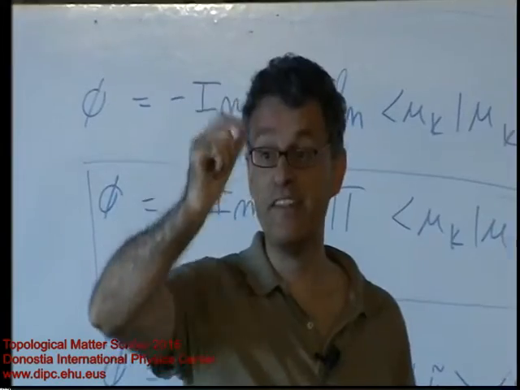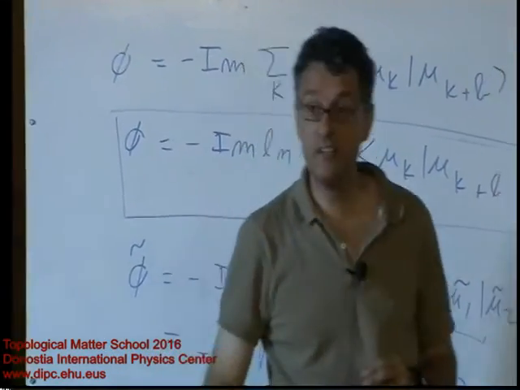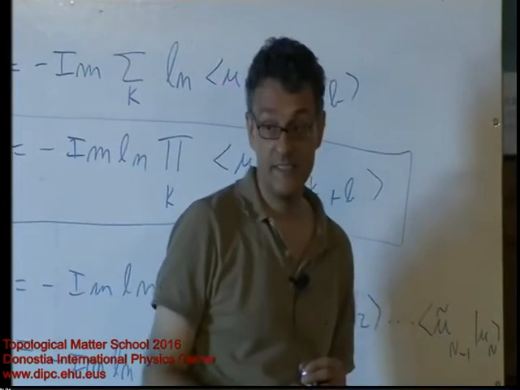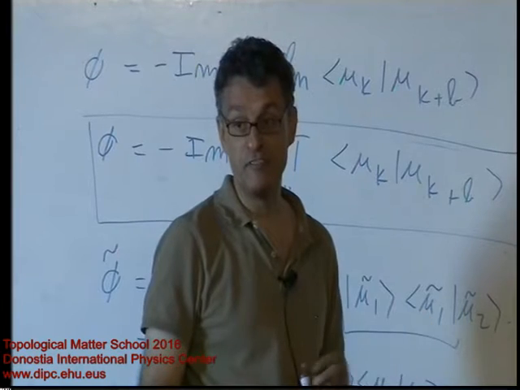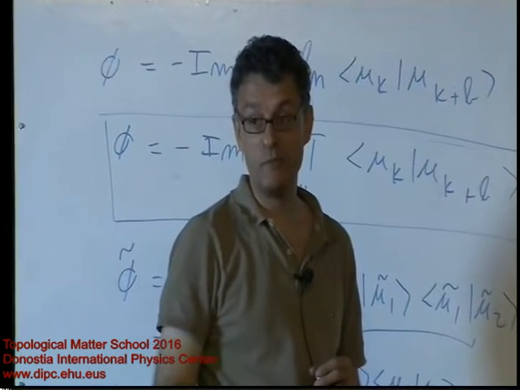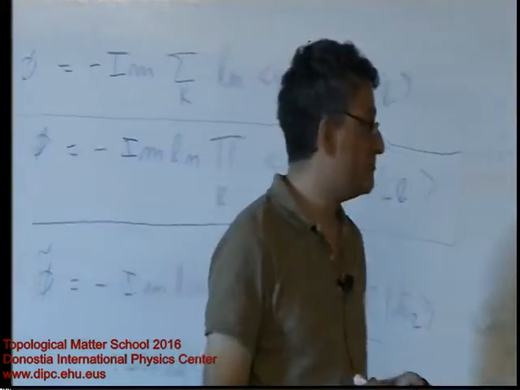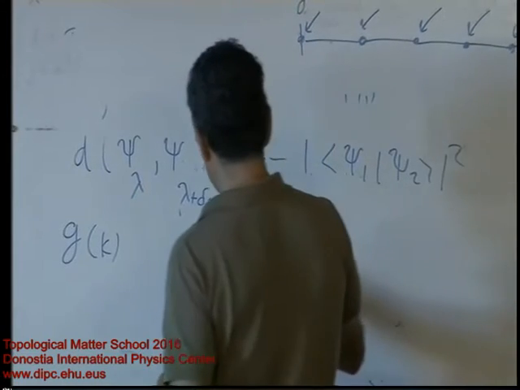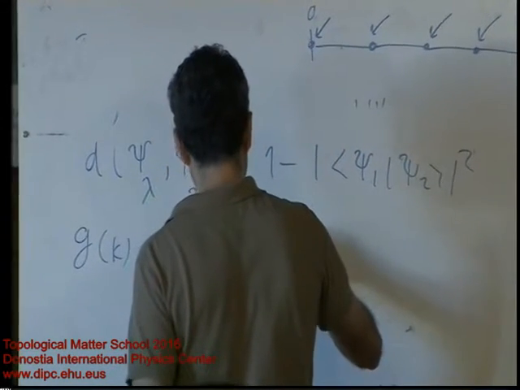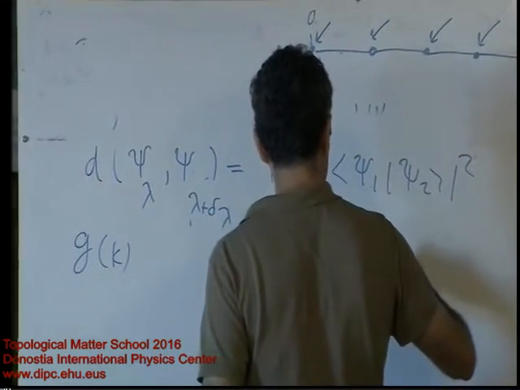I'll just say one thing. The integral of the metric over the Brillouin zone gives you the quadratic spread of the Vannier function, the one-dimensional Vannier function. So that's kind of pretty. So the Barre phase gives you the first moment. So it's the center of a Vannier function.